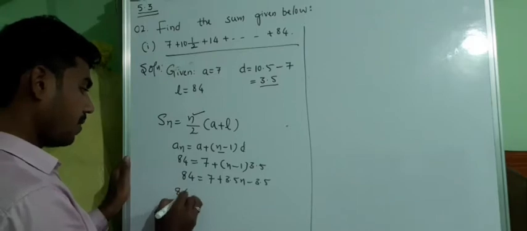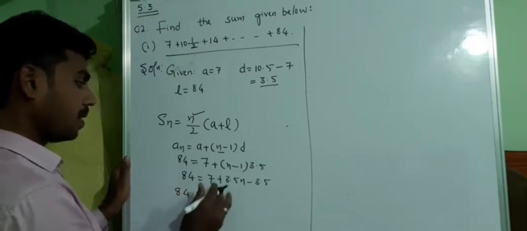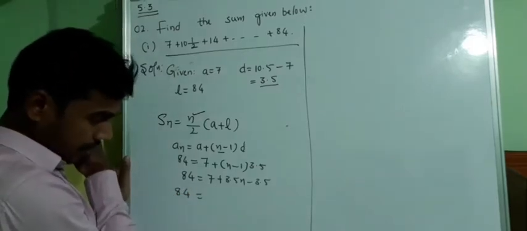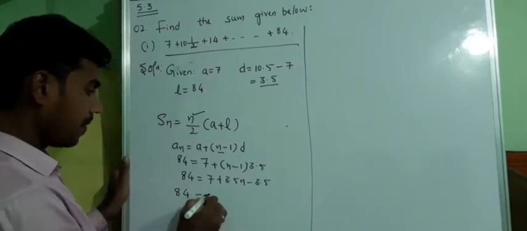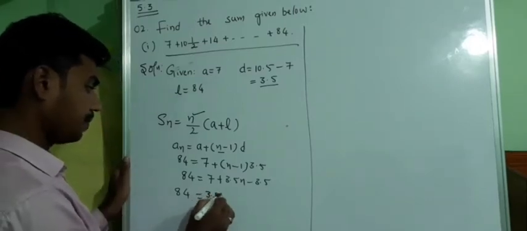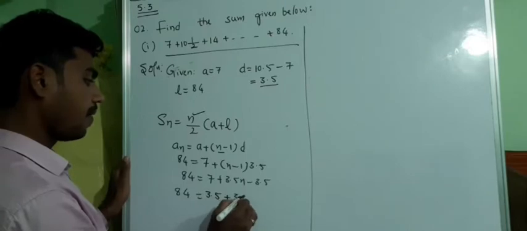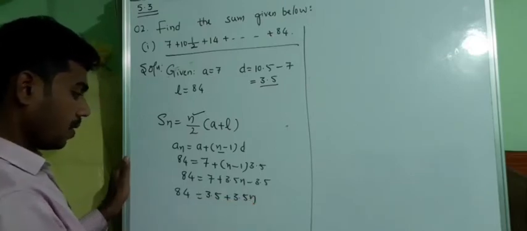So 84 equals 7 minus 3.5, that is 3.5, plus 3.5n.